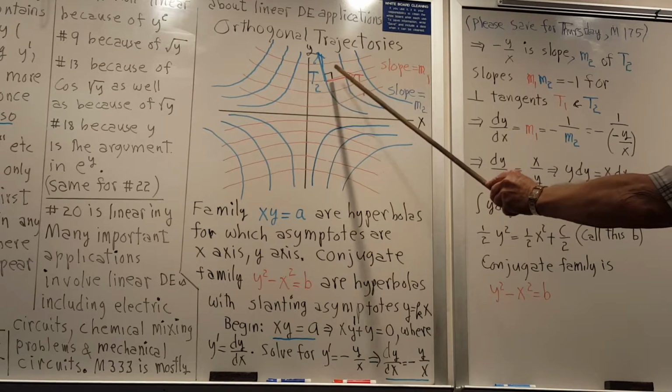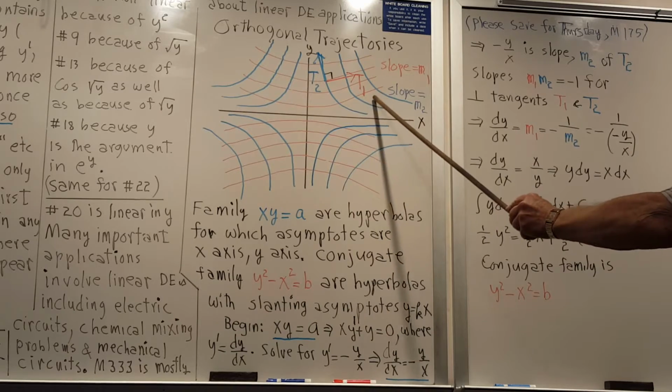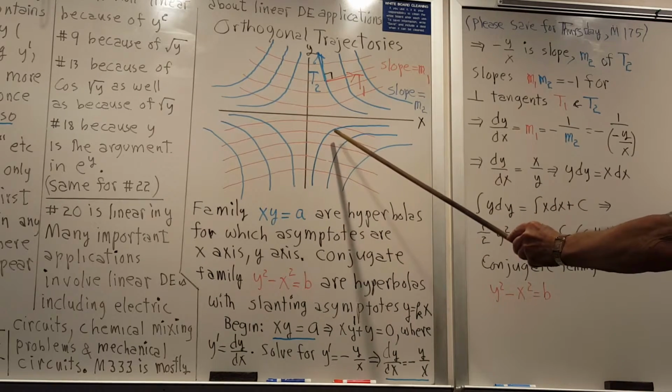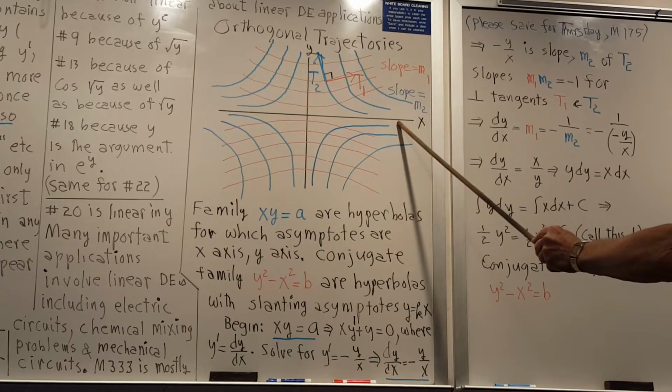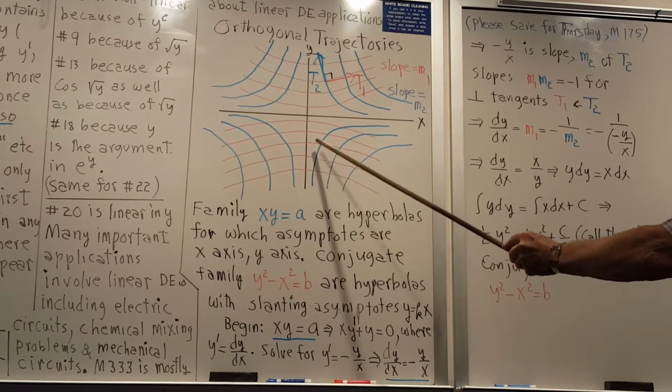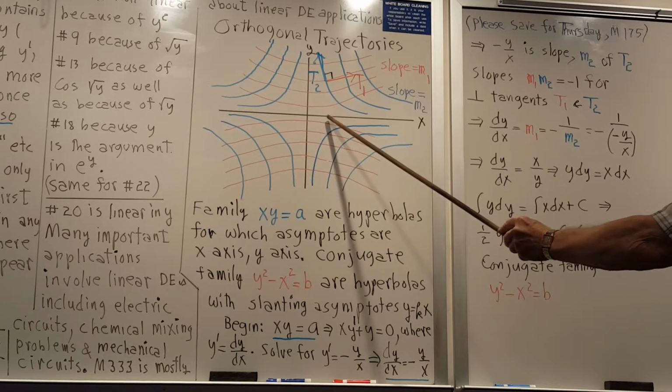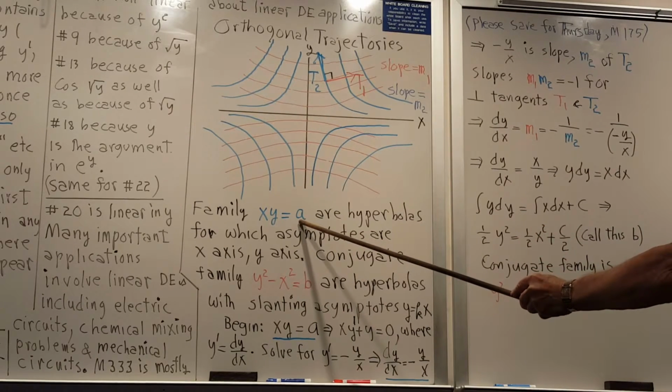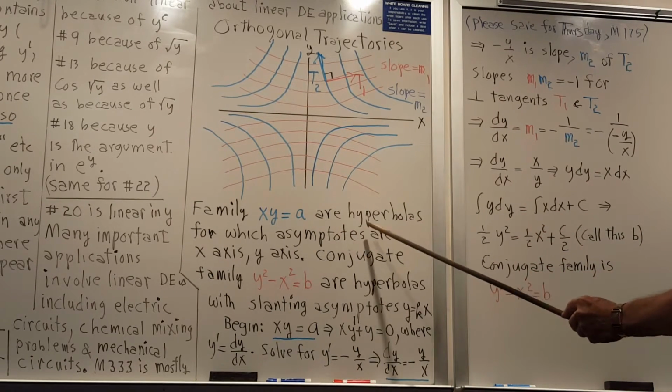So your blue curves are typically hyperbolas that use the axes as their asymptotes. So xy equals a constant.